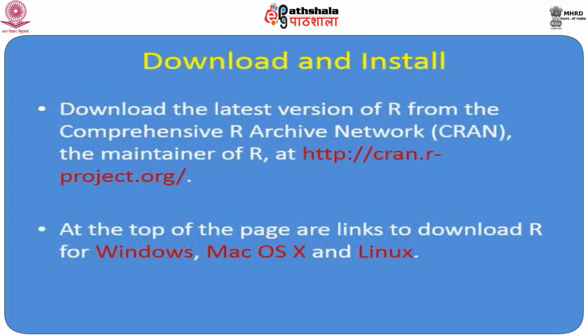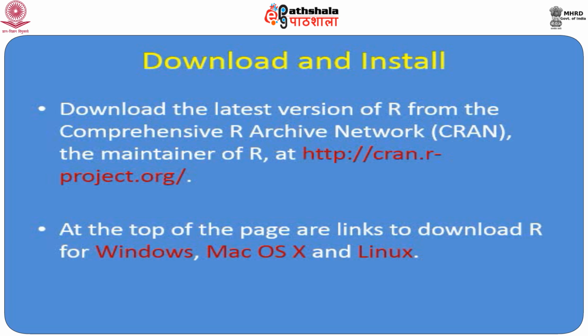Now let's start using it. For using it, you need to download it at first. You can download the latest version of R from the Comprehensive R Archive Network, which is also known as CRAN. That is also the maintainer of R. You can find them at this address.